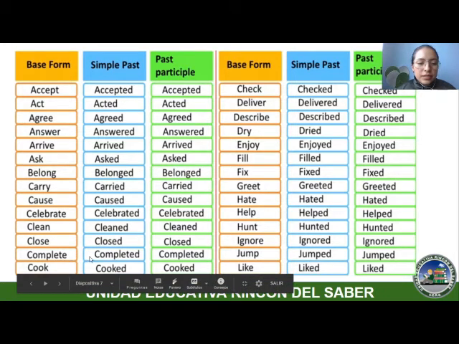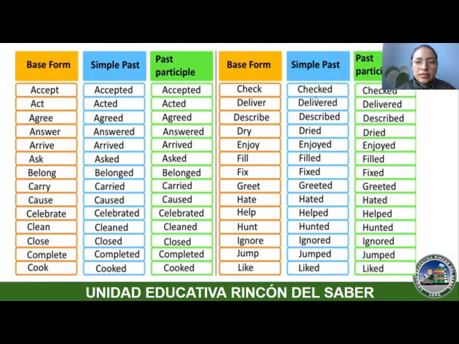Complete, completed. Cook, cooked. Change, changed. Check, checked. Deliver, delivered. Describe, described. Dry, dried. Enjoy, enjoyed.